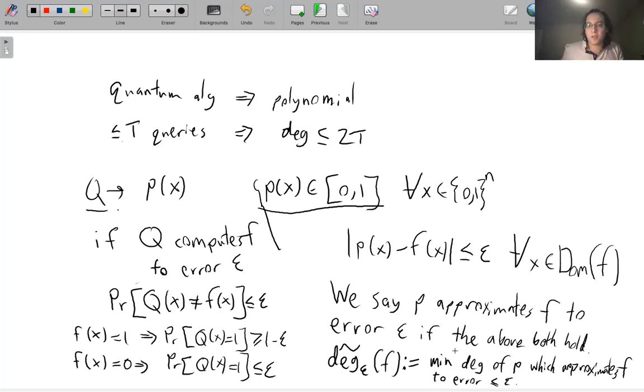Okay, so this is the minimum degree of any polynomial which satisfies these conditions. And this is called the approximate degree of the function f.